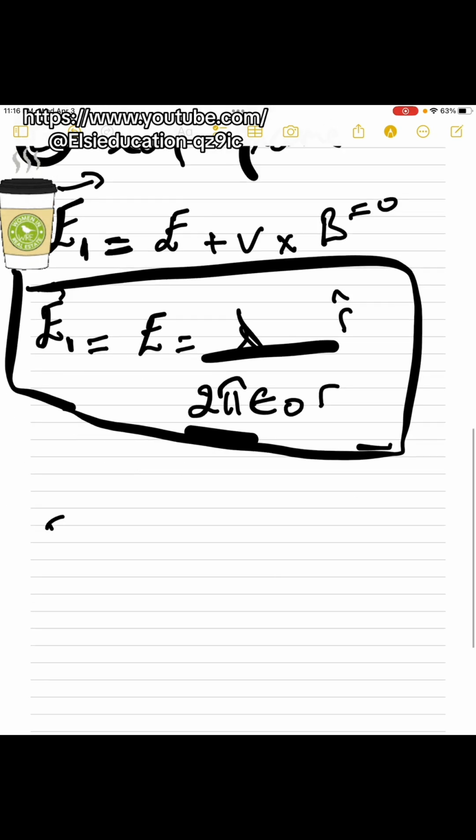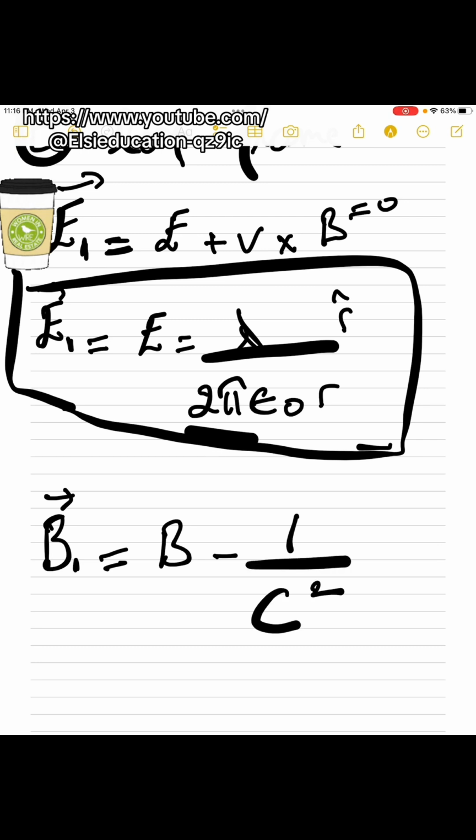The magnetic field in the frame of the loop is equal to the magnetic field minus 1 over c square multiplied by the speed and multiplied by the electric field.